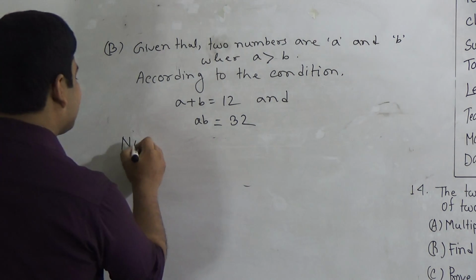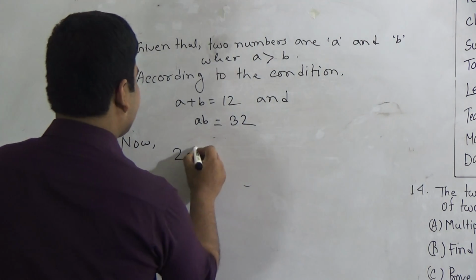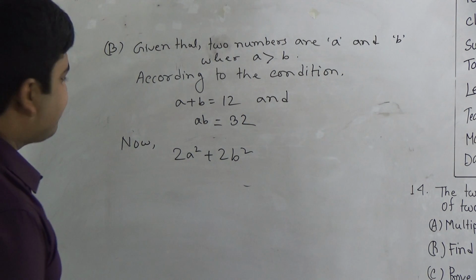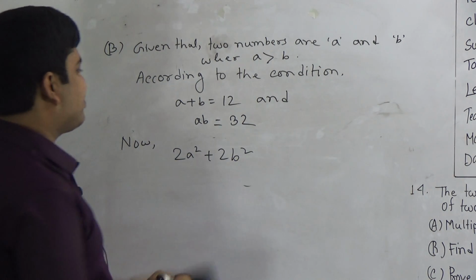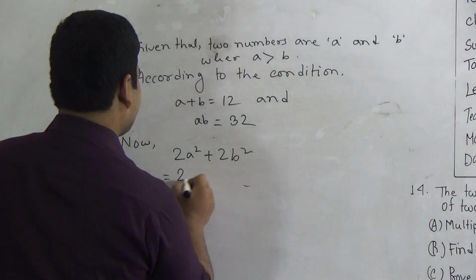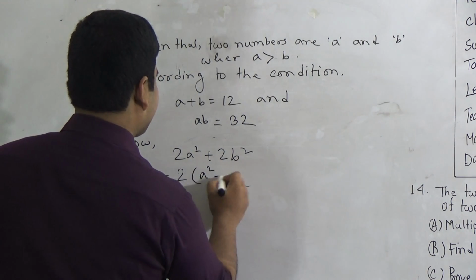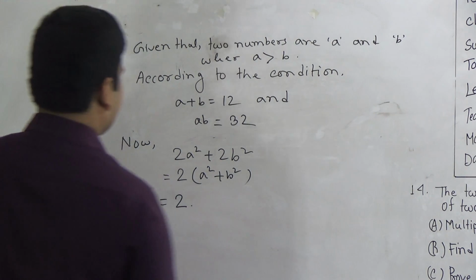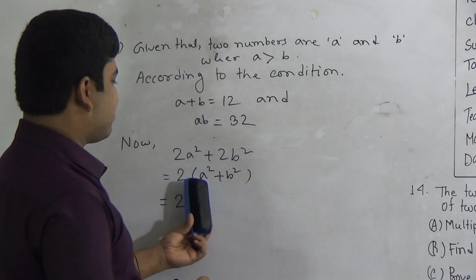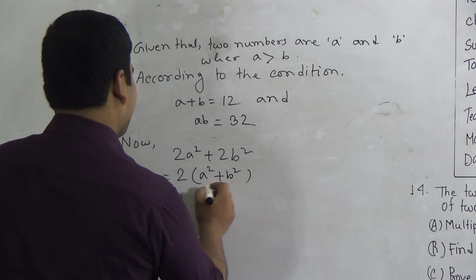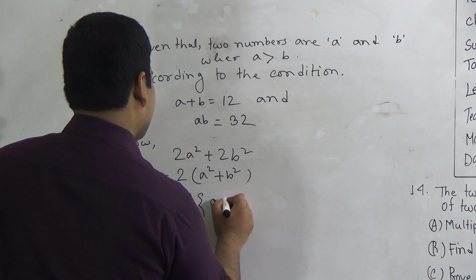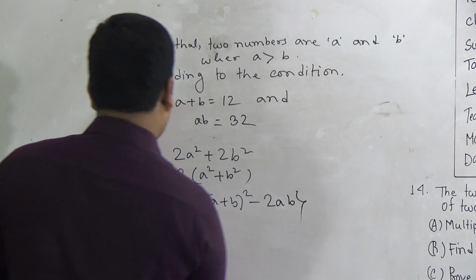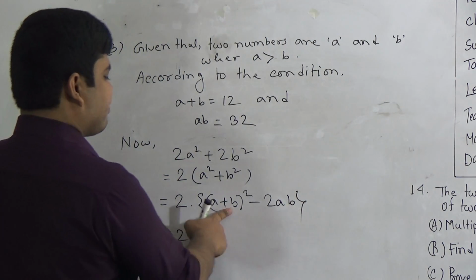Now the expression is 2A square plus 2B square. Dear students, 2A square plus 2B square, that means we take 2 common, so A square plus B square, and we write 2 here. What is the formula of A square plus B square? The formula of A square plus B square is A plus B whole square minus 2AB. 2 into, what is the value of A plus B?